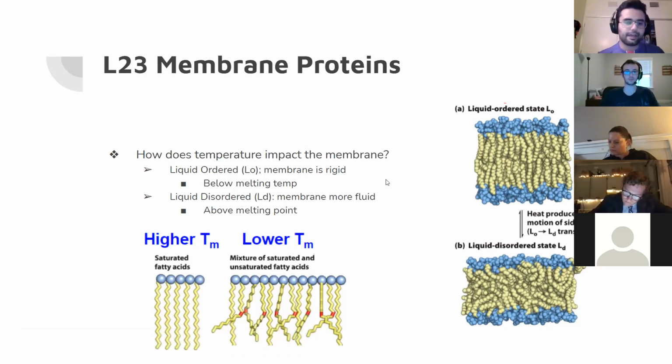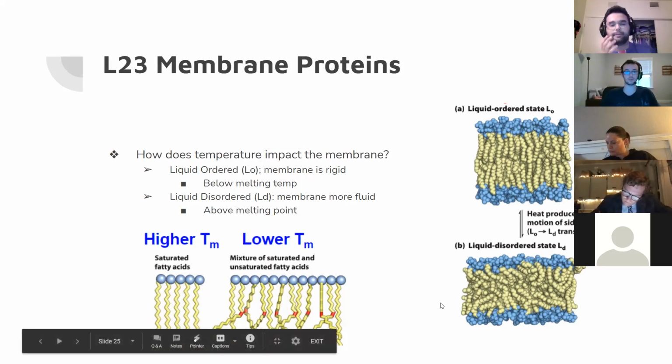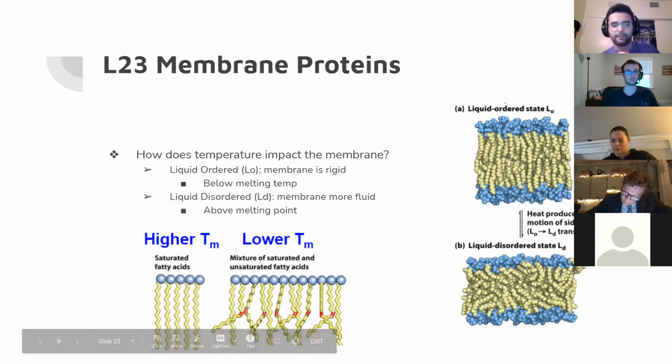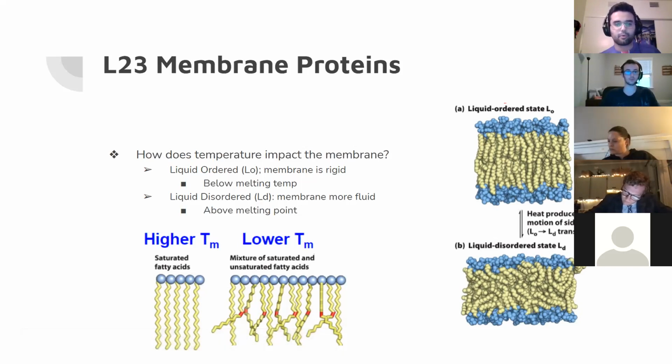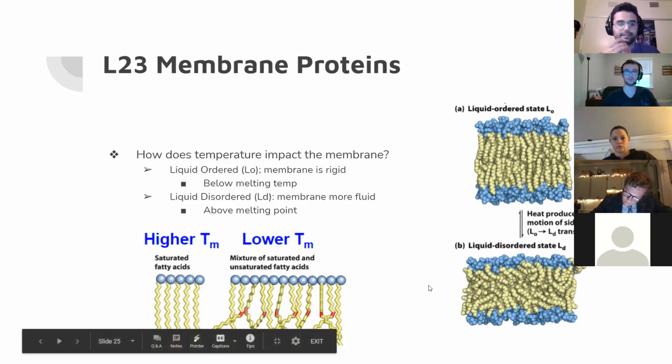LO is our more rigid membrane and LD is our more fluid membrane. If we start decreasing our temperature from our melting point, we're going to be in a more ordered state. As we freeze, our membranes are going to be in a more ordered state. As we increase our temperature, we're going to start going towards this disordered state, okay?